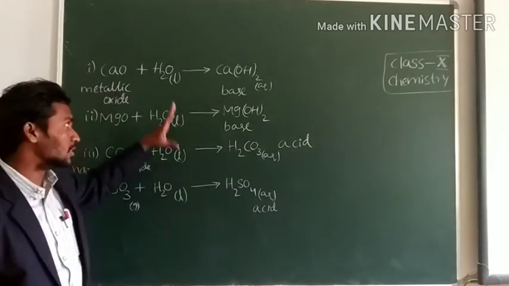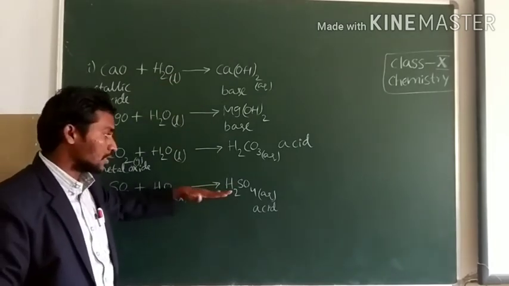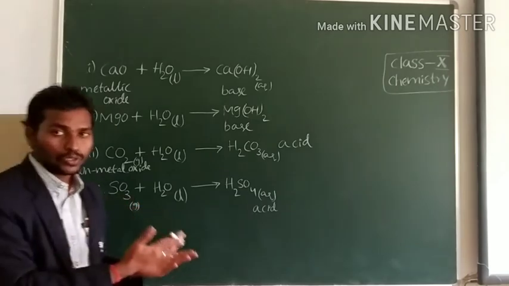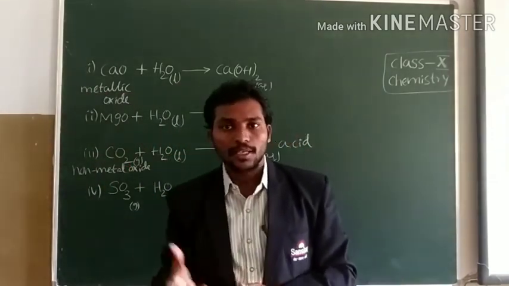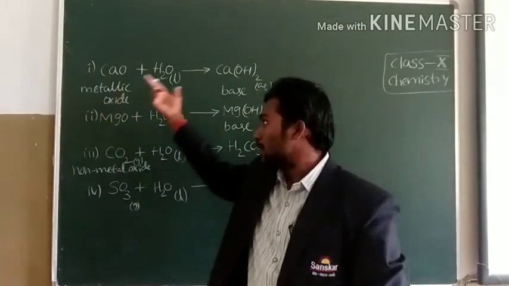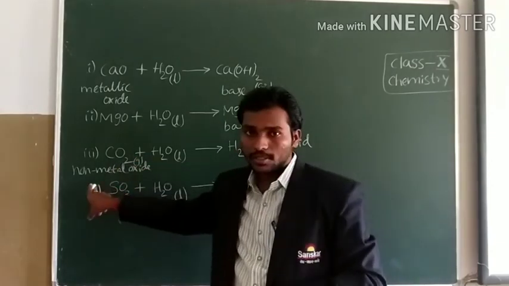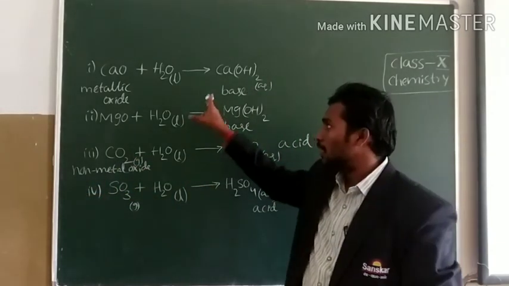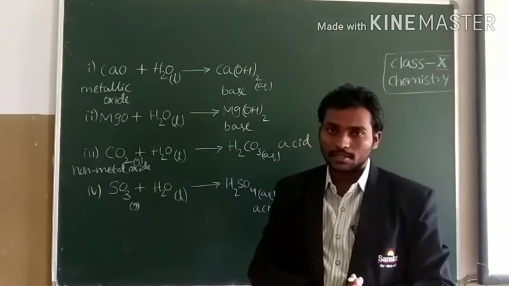Those oxides produce bases as well as acids in their aqueous solution. In aqueous solution, basic oxides produce base. In aqueous solution, non-metal oxides produce acids. That's why metal oxides are basic in nature, non-metal oxides are acidic in nature.